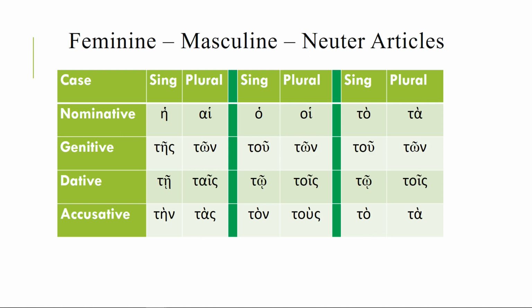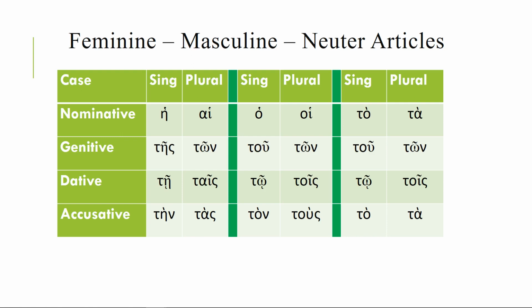Dative singulars always have iota subscripts, whether tē or tō. Otherwise, the big difference is the masculine and neuters have an omicron in the stem, whereas the feminines, the first declensions, have an eta or alpha stem.